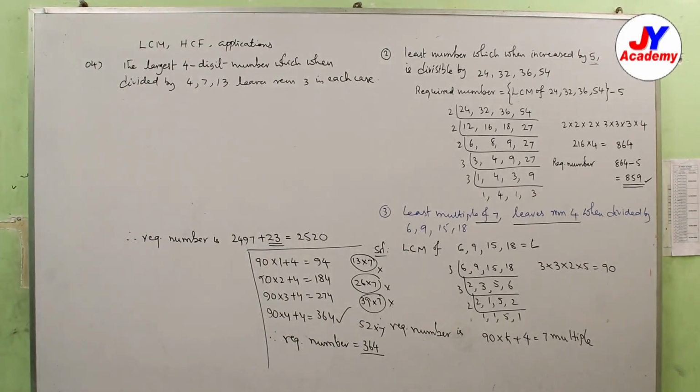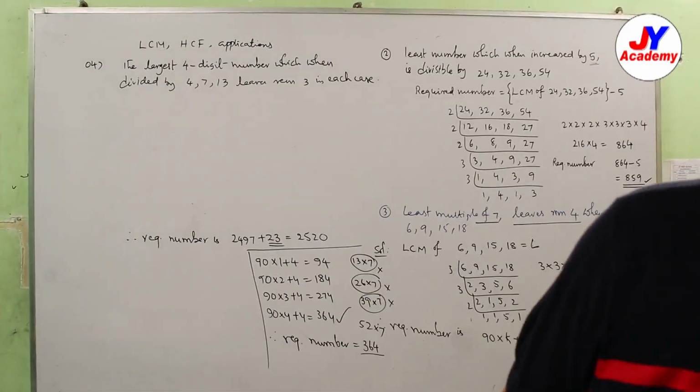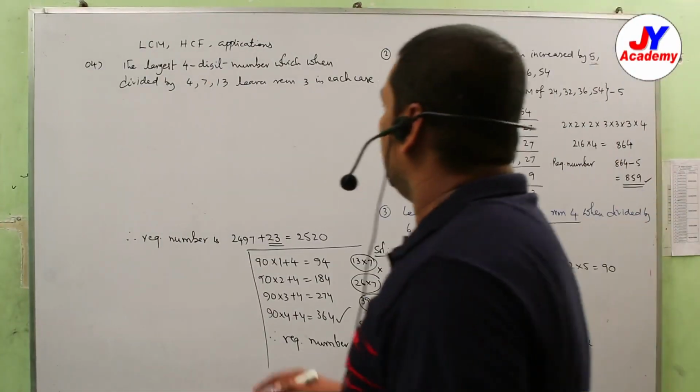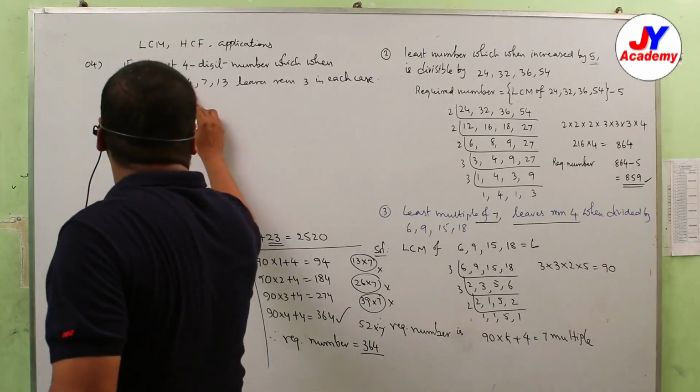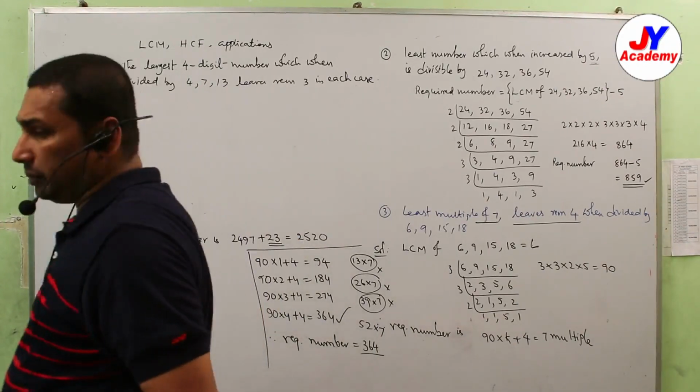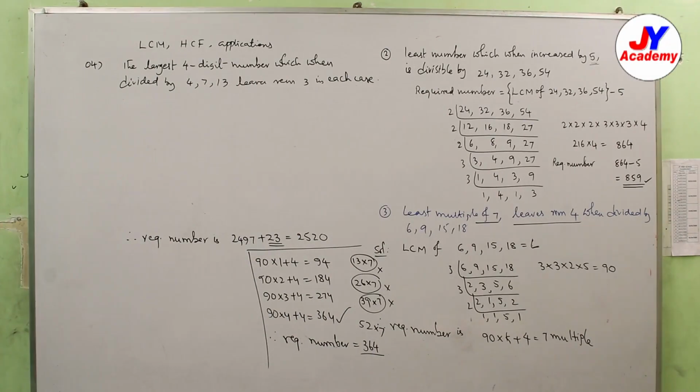So what do we require? The largest 4-digit number which when divided by 4, 7, 13 leaves remainder 3 in each case.